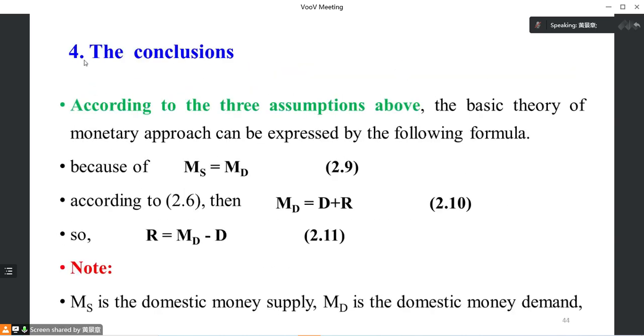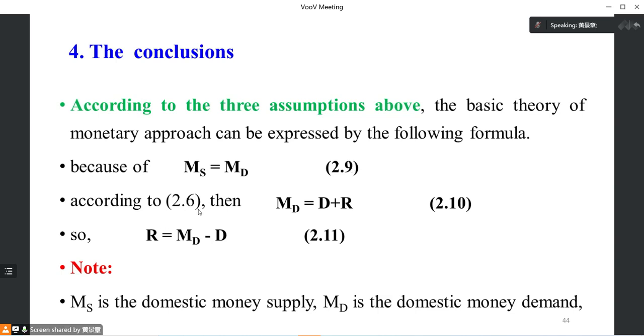Let's go up. Let's see the conclusion. According to the three assumptions above, the basic theory of the monetary approach can be expressed by the following formula. Because MS equals MD, 2.9.